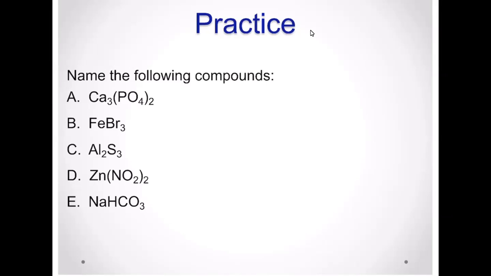For A, we have metal and we have a polyatomic ion. Calcium is group 2, always 2 plus, so we just write calcium. Phosphate is your anion, a polyatomic ion, so just write its name. So calcium phosphate. Now we have iron. Iron is a transition metal. It's not one of the fixed charges.